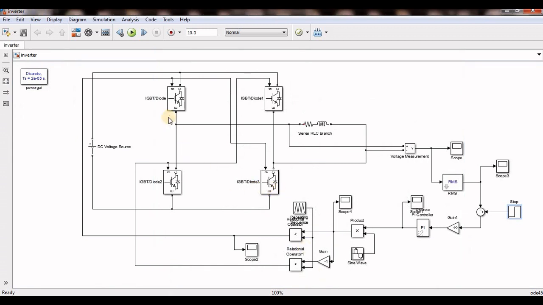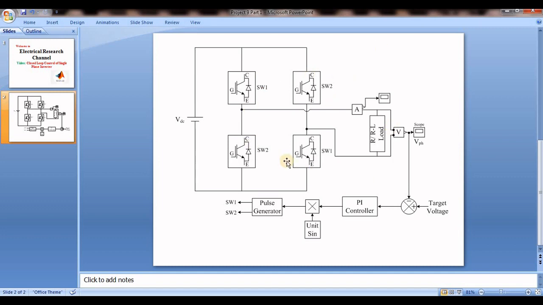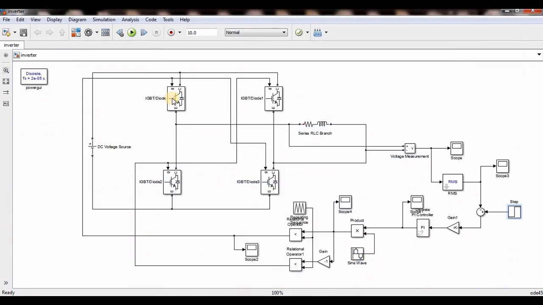See, this is a simple inverter which we are discussing in this video. These two switches are switching on at the same time, so the same pulse I am giving for these two switches, and after 180 degrees the other pulse I am giving for these two switches, and this is my input voltage.